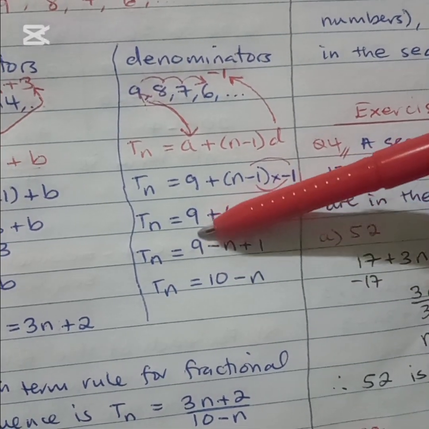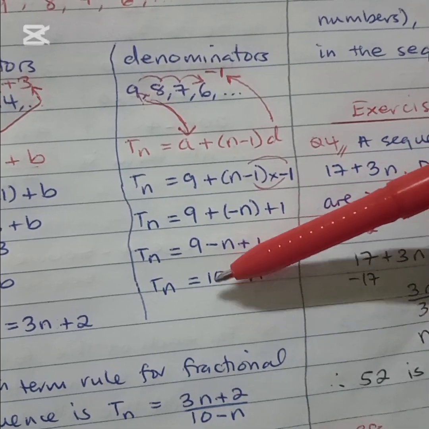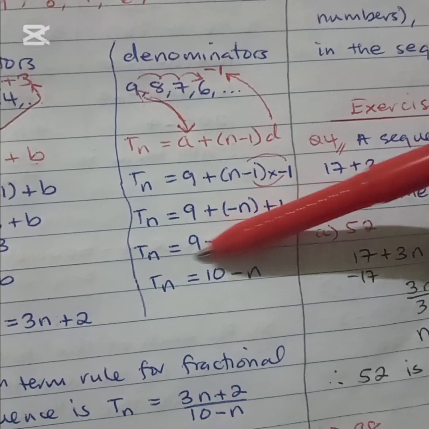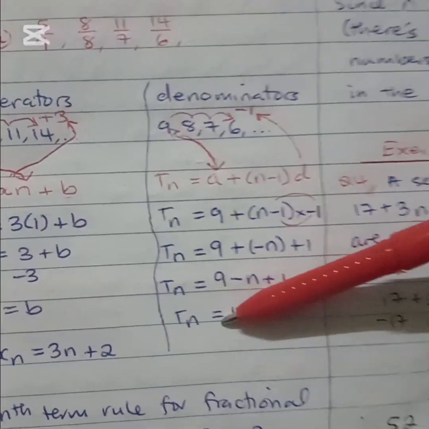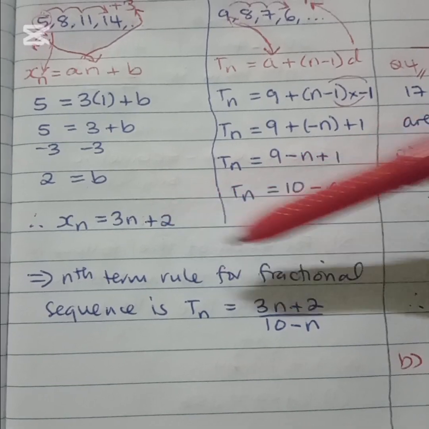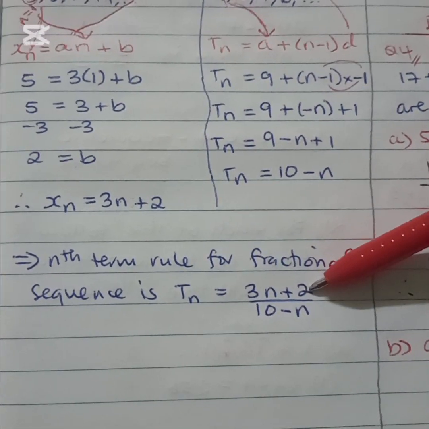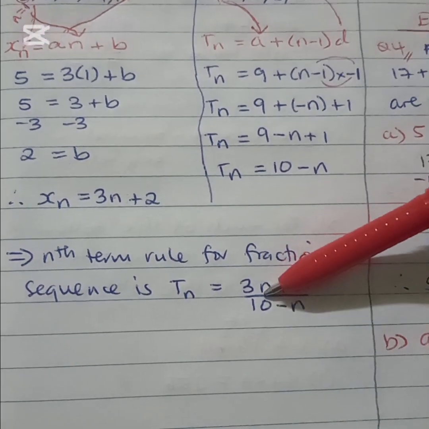We collect like terms. 9 plus 1 is 10, and 10 minus n is the nth term for the denominators. And so we combine these two. The nth term for the numerators is 3n plus 2, and the nth term rule for the denominators is 10 minus n.